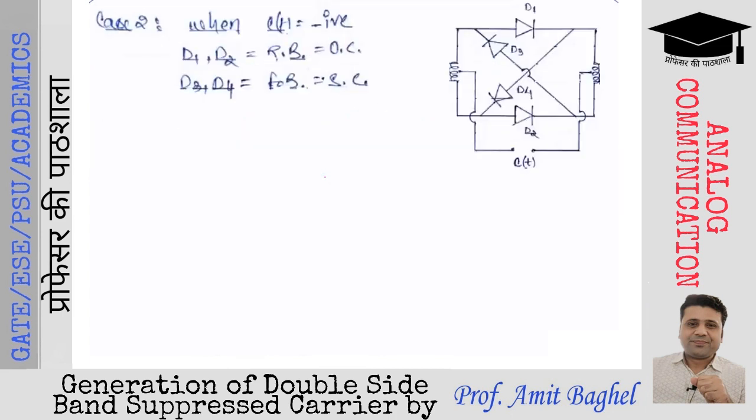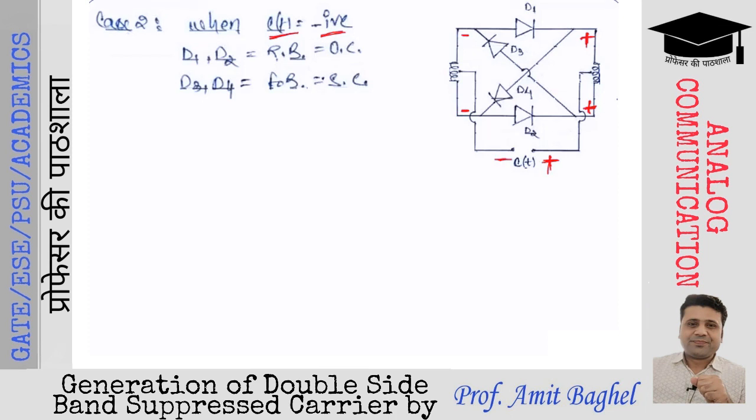We can observe our center tap transformer, and we are taking a different case here. And this says CT is negative. CT is negative means this is negative polarity, whereas this will be positive polarity. Negative polarity will reflect here, and positive polarity with the help of center tap transformer will reflect here.